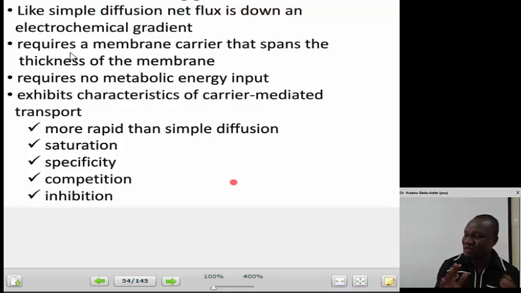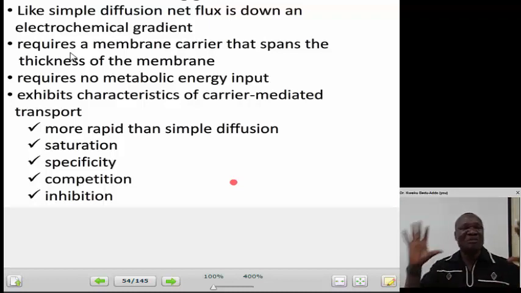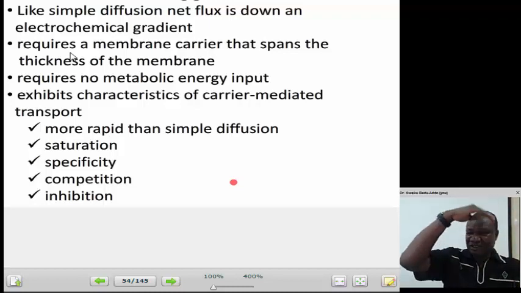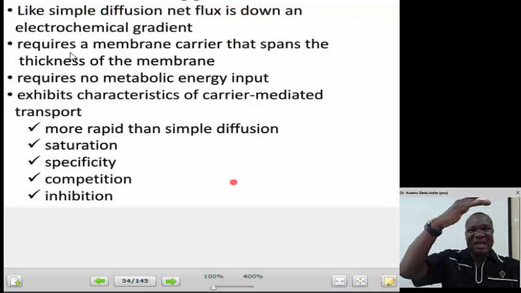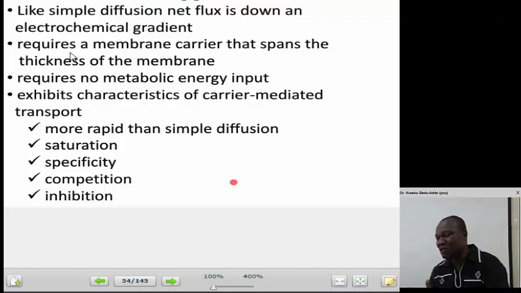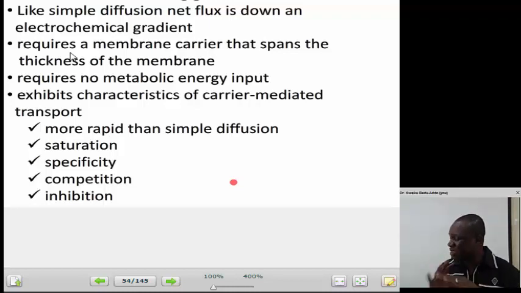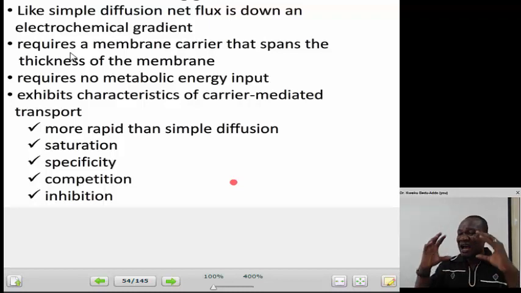Now, other substances will move across the membrane from a higher concentration to a lower concentration by facilitated diffusion. It means this is quite different from simple diffusion. Now, this movement is aided by a transmembrane protein.